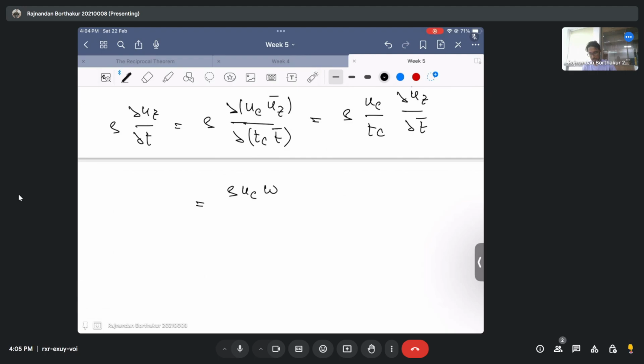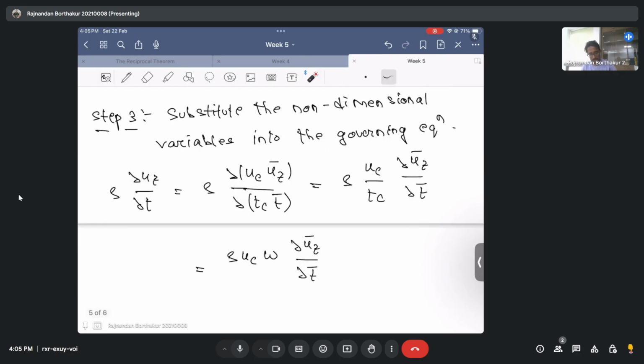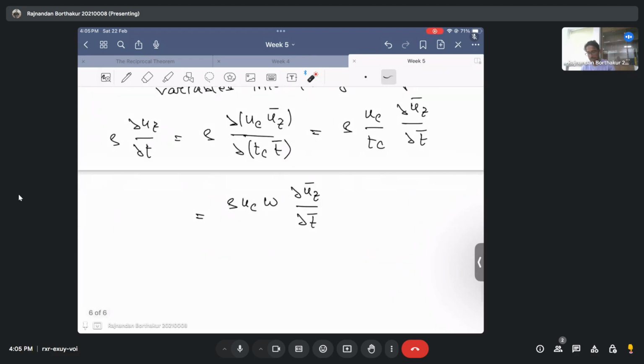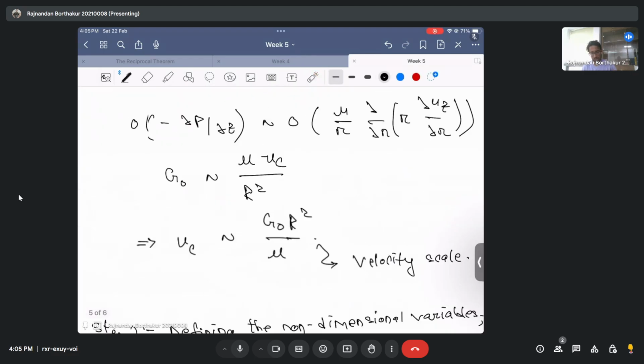And then this term is nothing but del uz bar by del t bar. This is the derived non-dimensional form of the dimensional form of rho times del uz by del t. Okay, the similar exercise you can do for the other terms.